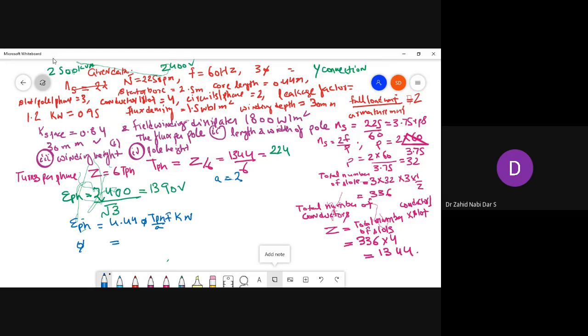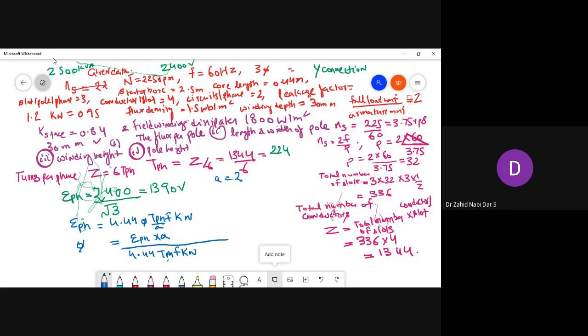So you have to take this value of a over here. So flux value would be equal to E phase into this a value. This is because circuits per phase is equal to 2. Sometimes they write 3, so you take this a value as 3, usually it is 2 only. So now 4.44 T phase f kW.